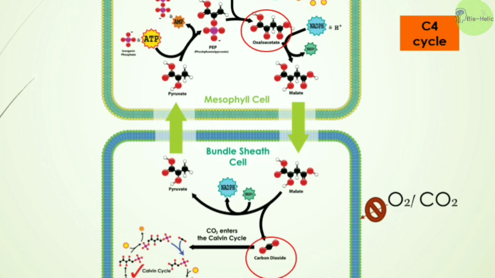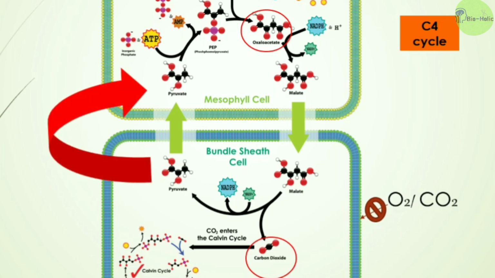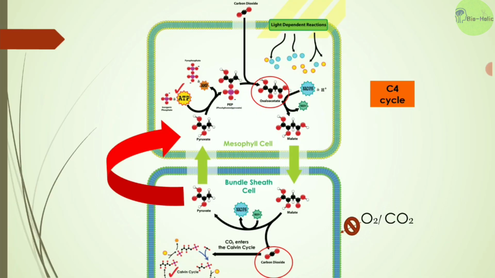On the other hand, the pyruvate again enters the mesophyll cells, and here with the help of one ATP molecule, it regenerates the phosphoenol pyruvate for the next cycle. So now, even if there is high temperature or high concentration of oxygen, the oxygen cannot combine with the RuBP. And by this mechanism, photorespiration is prevented in C4 plants.